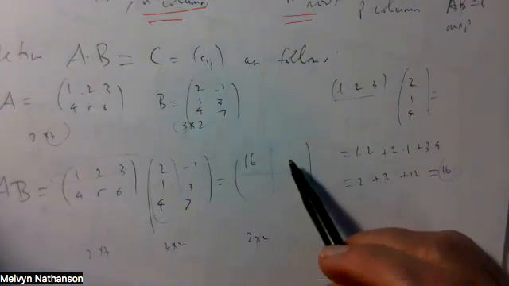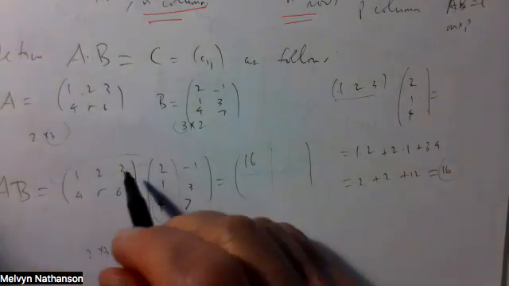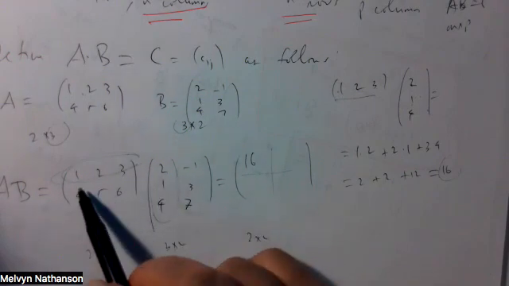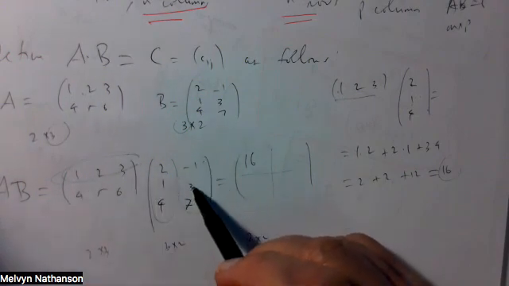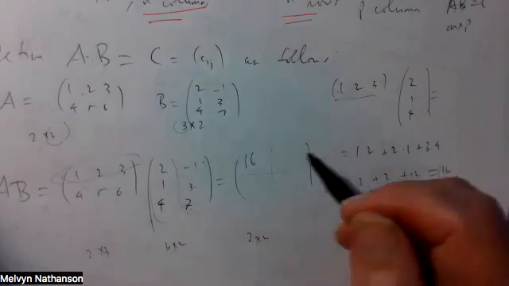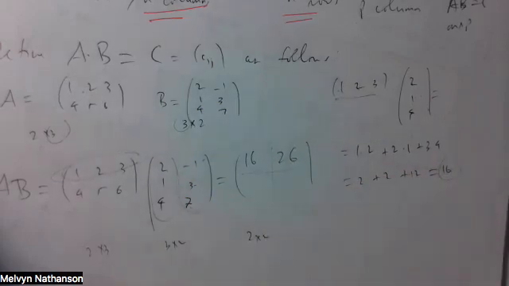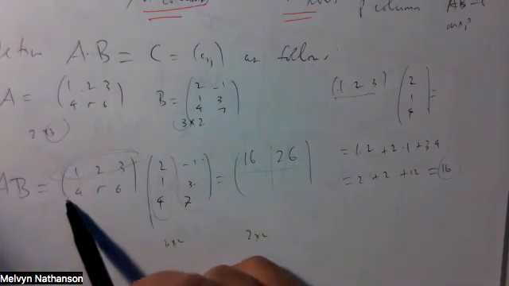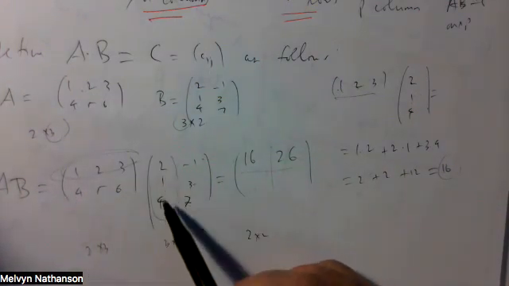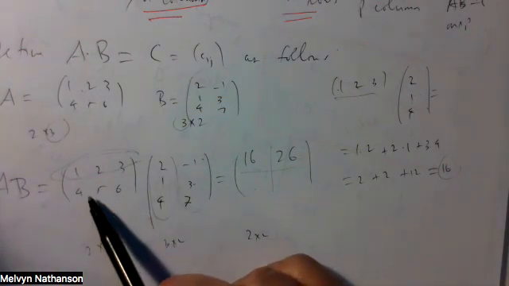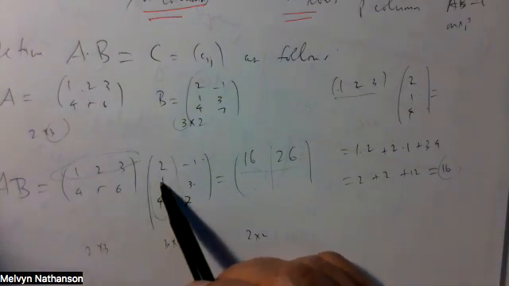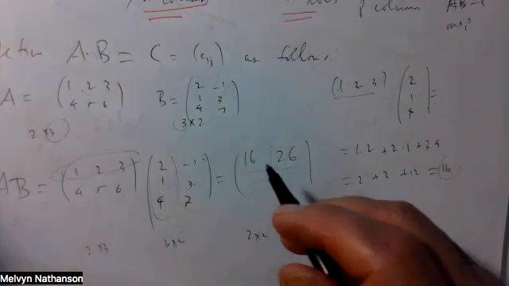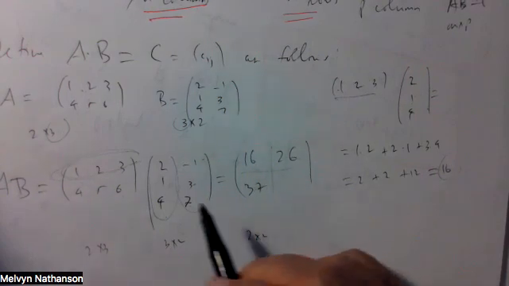What goes here? This is the first row, second column. So I multiply the first row by the second column. I get minus 1 plus 6 is 5 plus 21 is 26. This is the second row, first column. So I multiply the second row into the first column. 2 by 4 is 8 plus 5 times 1, that's 5, that's 13. 6 times 4 is 24, 13 plus 24 is 37.